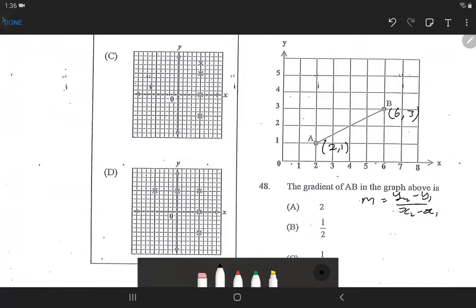It doesn't matter which one I choose to be x1, y1, and x2, y2. So I will choose this one up here to be my x2, y2, and this my x1, y1. So that is equal to 3 minus 1 over 6 minus 2. That is 2 over 4, which is a half.